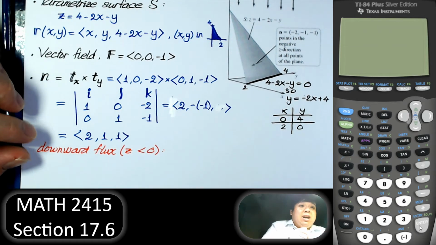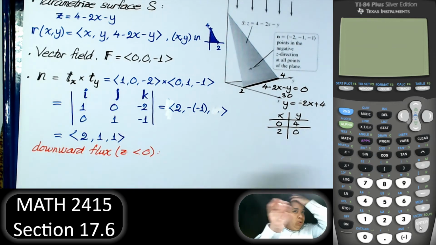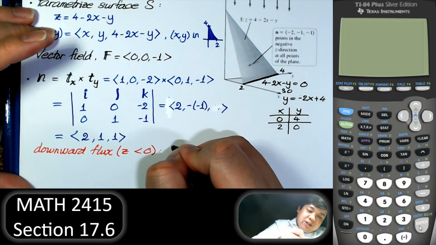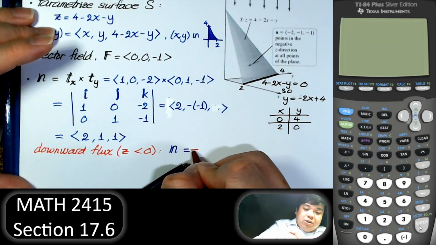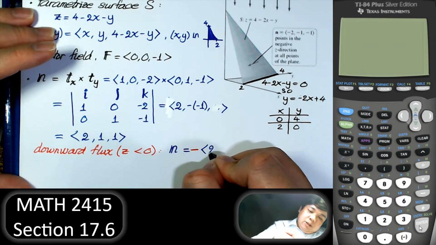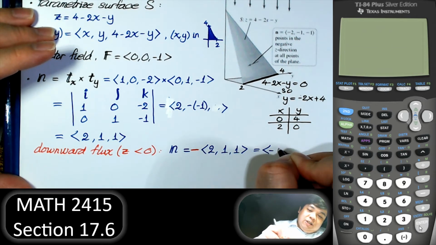So usually if that is the case, instead of tx cross ty, we do ty cross tx, but we don't even need to do that. So the normal vector, we just turn that to the opposite direction. Because after all, remember, we want the z to be negative.